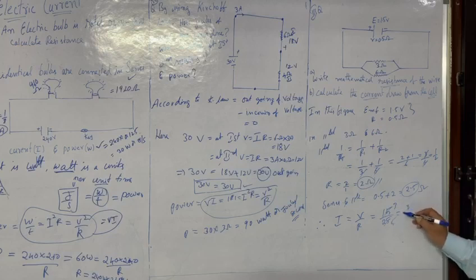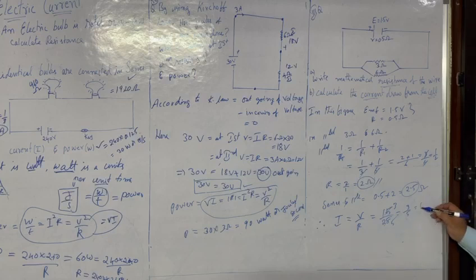How much is 3 by 5? Divide it, and 0.6 comes. This is important, you have to do it.